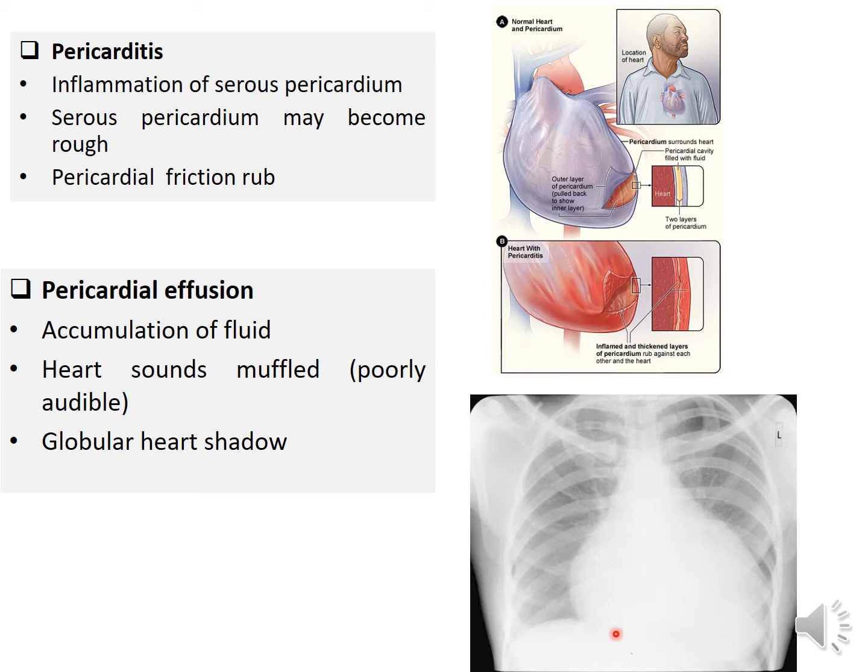Due to the excessive fluid, you cannot see the external features of the heart clearly, and the whole heart shows a globular shape. This radiographic feature is called globular heart shadow. Whenever you see the globular heart shadow, it shows that there is a pericardial effusion.